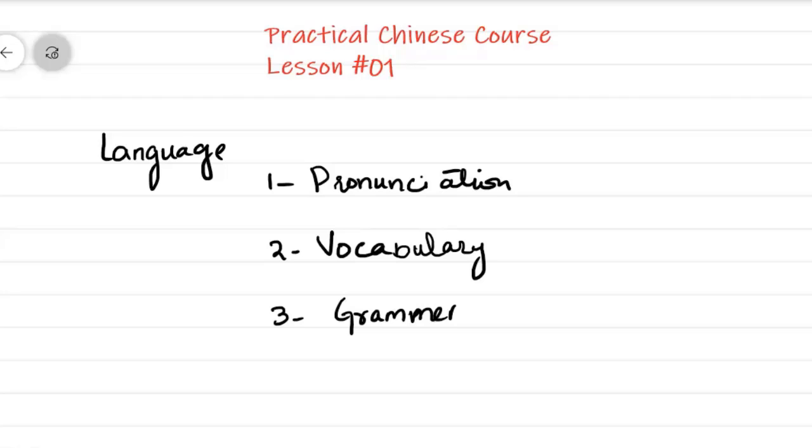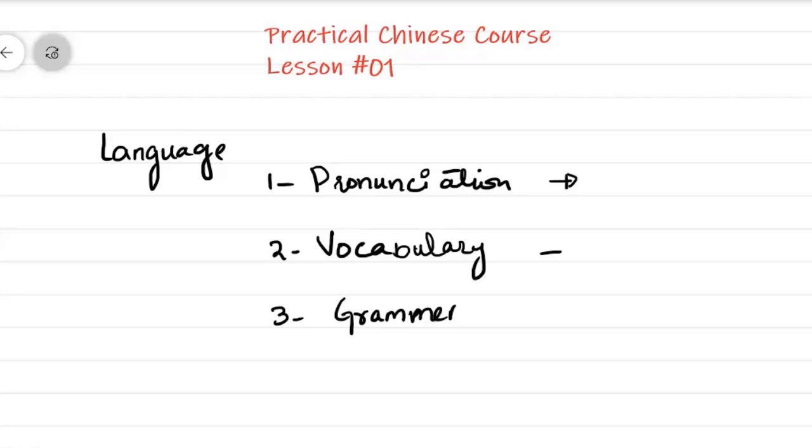So before starting the Chinese language course, the practical Chinese course, I'm going to give you an idea of how a language works for anyone. For knowing any language, you must practice these tools. First, you have to know how to pronounce the alphabet or any basic characters or basic tools of that language.